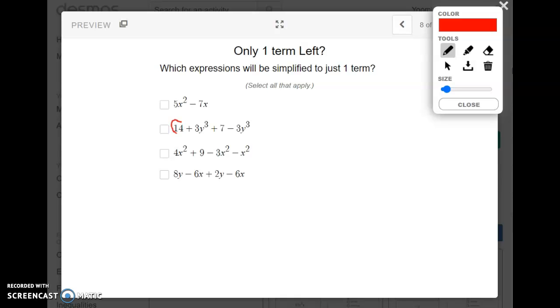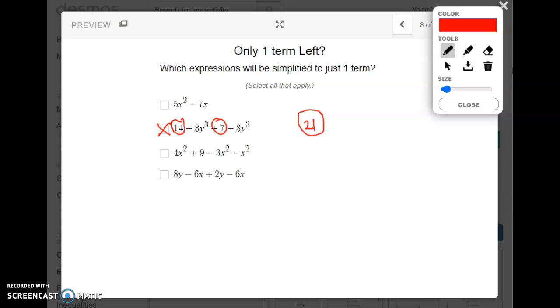I can combine 14 with plus 7. 14 plus 7 is 21. And 3y cubed minus 3y cubed, 3 minus 3 is 0, so 0y cubed is the same as 0. So you are only left with 21. So yes, this one will be simplified to one term.